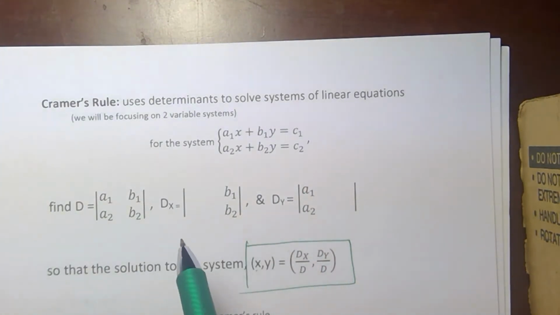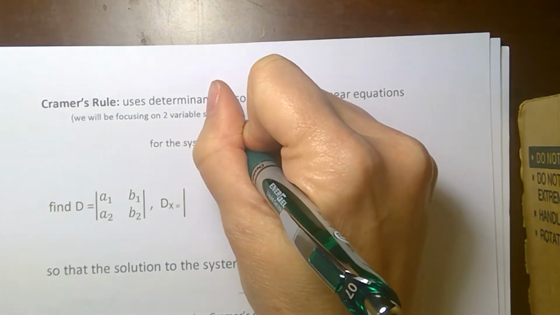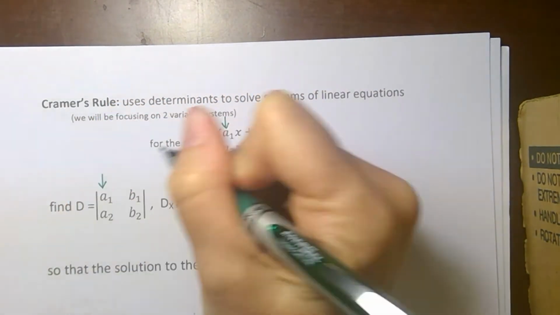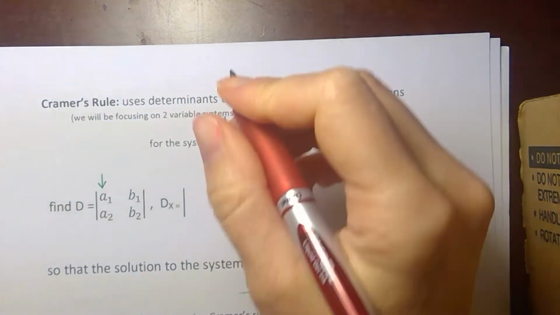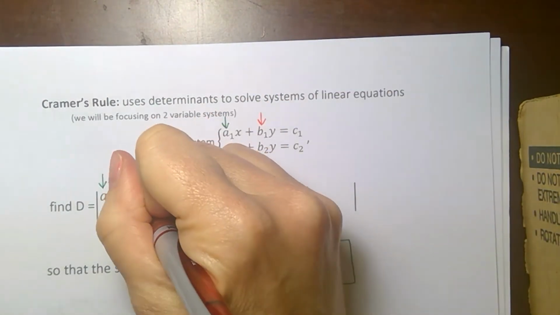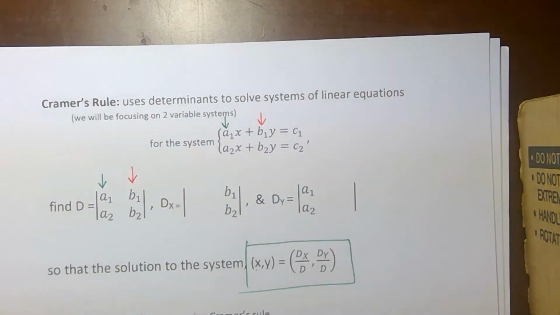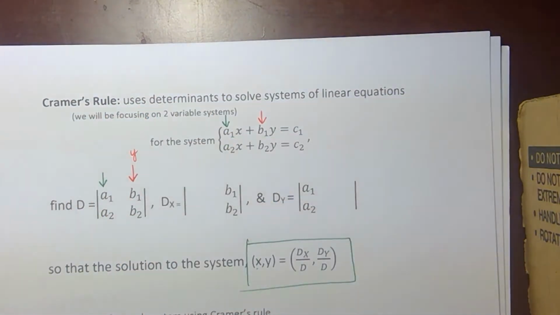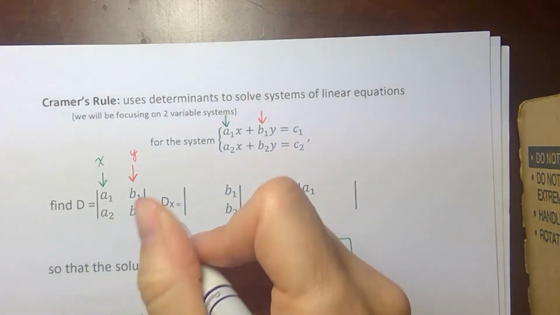To find the main determinant, I take the coefficients on the x variable and the coefficients on the y variable, and I find that determinant. That is D. So that's my coefficients on x, and that's my coefficients on y. Now I need D sub x and D sub y. To find D sub x, I'm taking out the x coefficients.